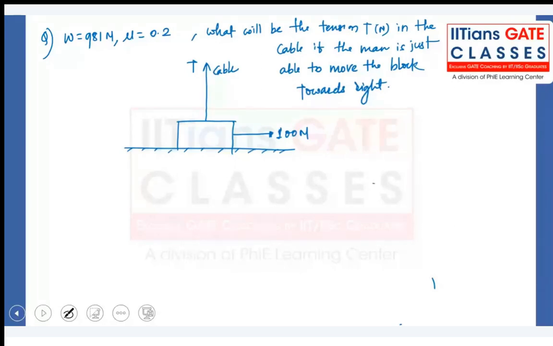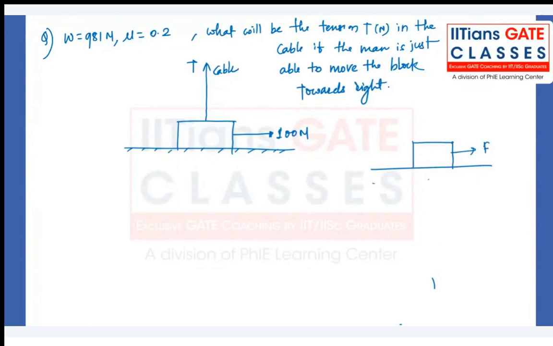So in that case, will that be 100 Newton or more than that? Okay, this is a force F. 981 is the weight, and this is again 981, and mu N will be 0.2 into 981.